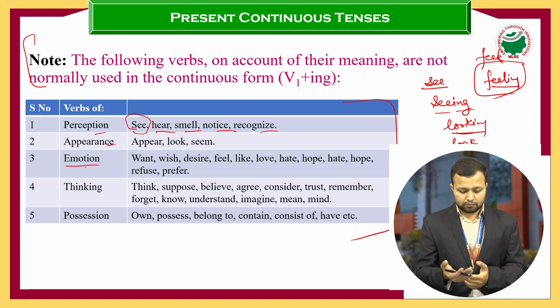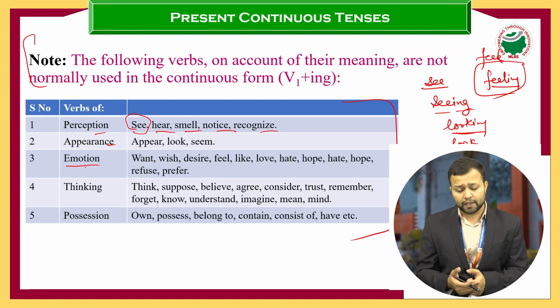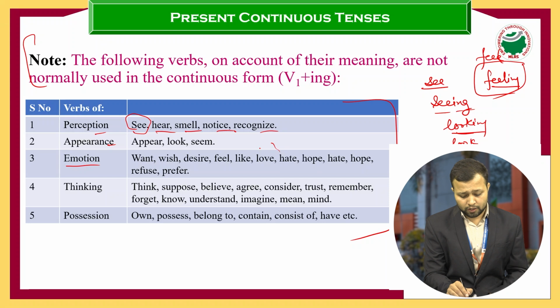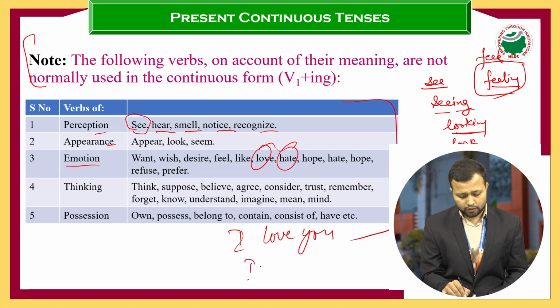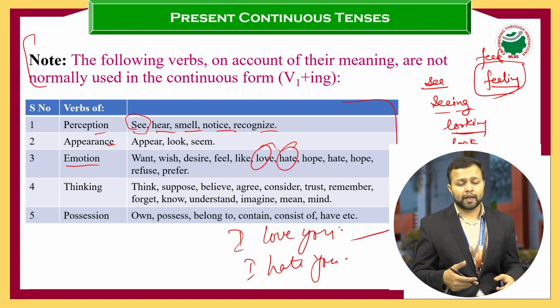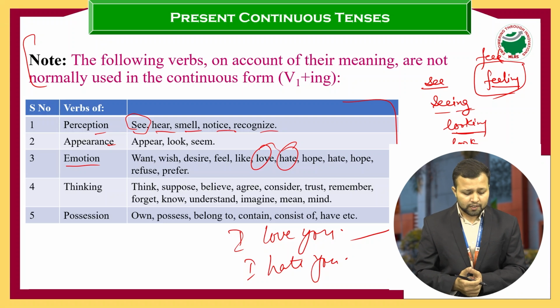So emotions: want, wish, desire, feel, like, love or hate. We say I love you or I hate you, right? We never say I'm loving you or I am hating you. We never use this sentence. So these verbs are not used in continuous forms.